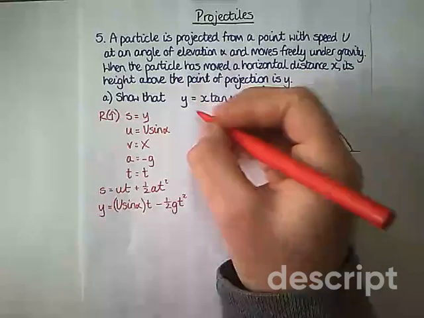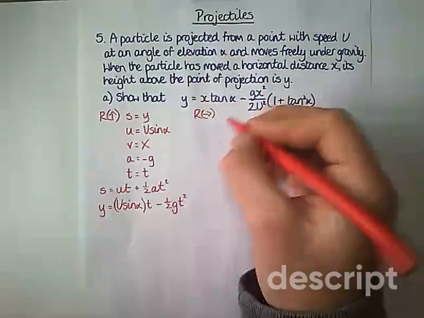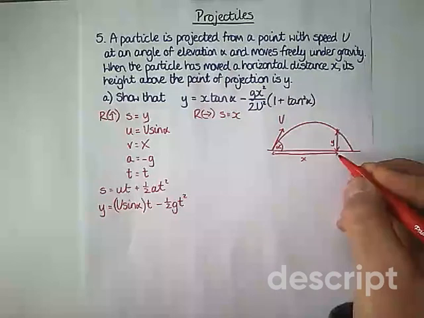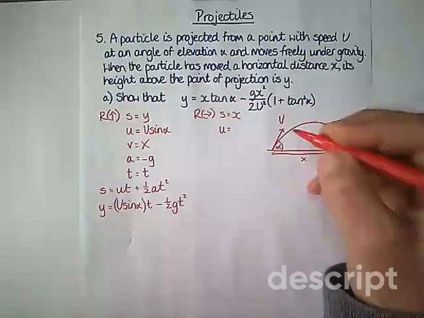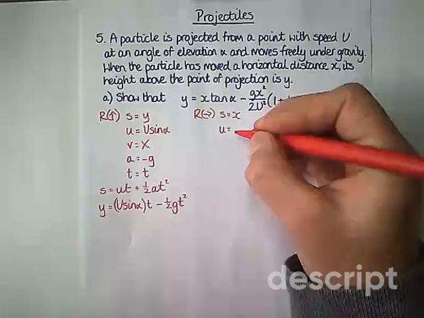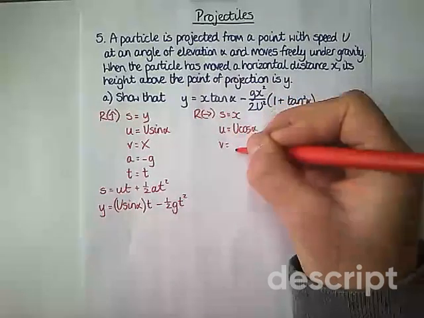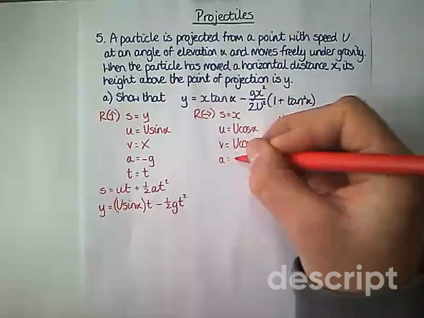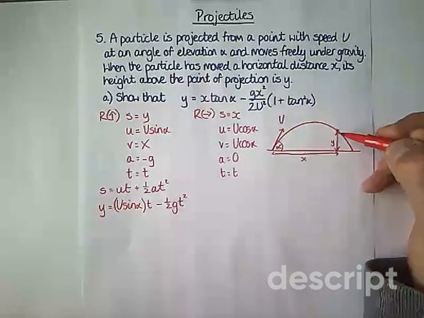So if we resolve horizontally, we know our horizontal displacement at this point is x. Our initial velocity horizontal component of this is u cos alpha. Our final will be the same, our acceleration will be 0, and t will be t because it's at the same time as at that point.